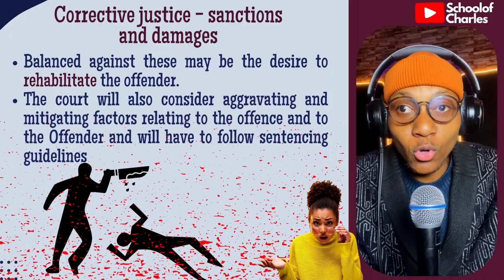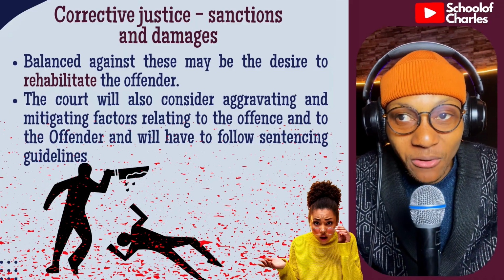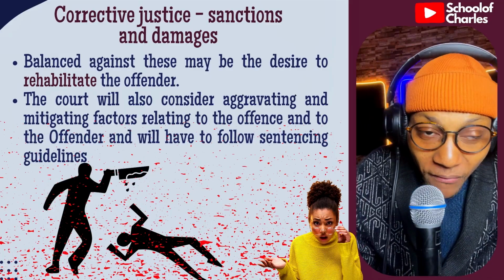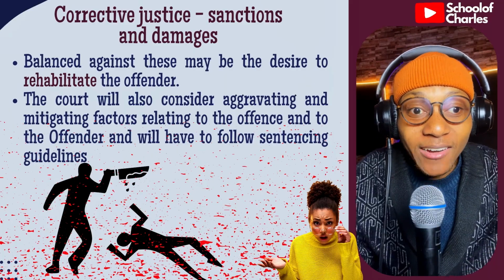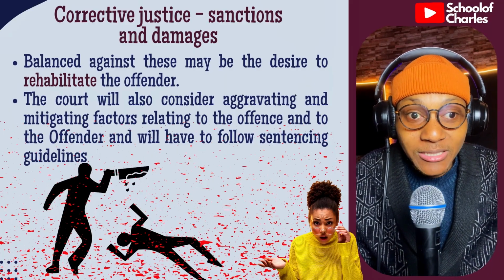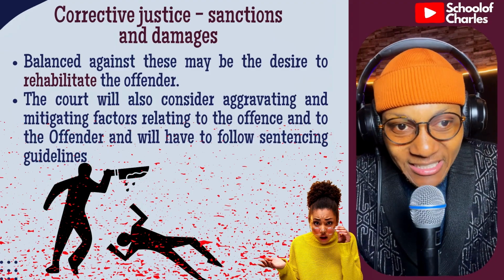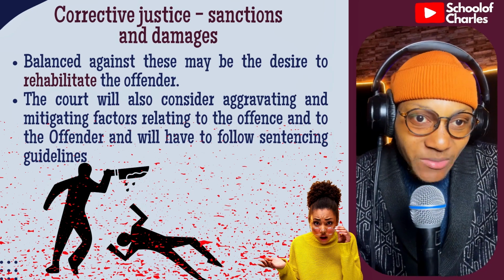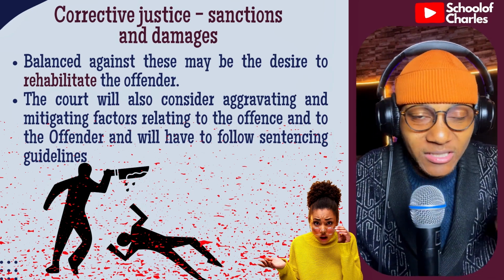The court will also consider what are called aggravating and mitigating factors relating to the offense, relating to the offender, right? So aggravating factors are, for example, someone left their house and they took an axe and they said, I'm going to beat that person. He can't spread gossip about me.